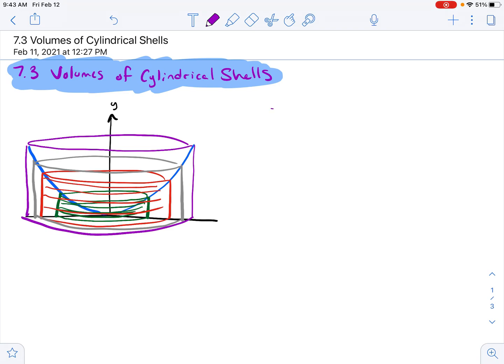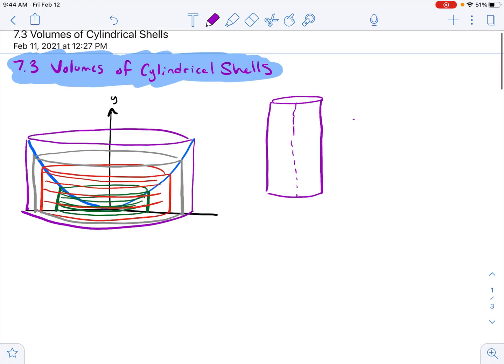Let's start with a cylindrical shell. If you were to take an empty paper towel roll and cut straight up one side and then unwrap it, you'd be looking at nothing more than a rectangle. A cylindrical shell is just a rectangle where these two sides have been rolled together to connect. What's the area of a rectangle? Certainly that's base times height.